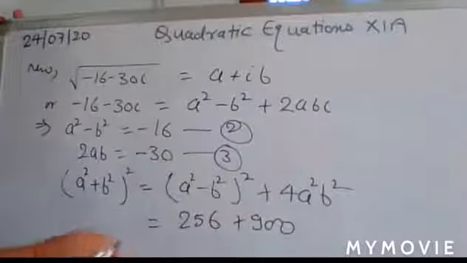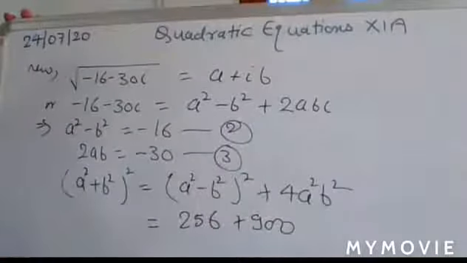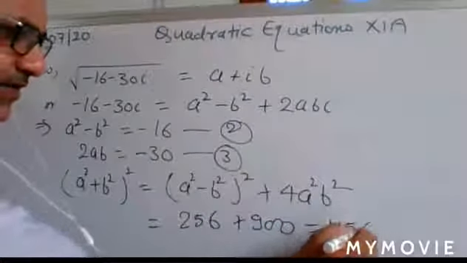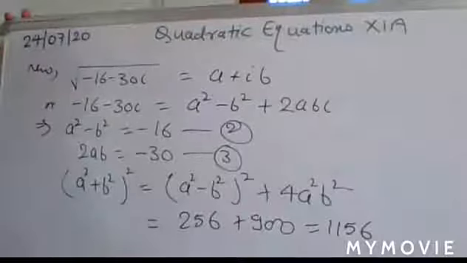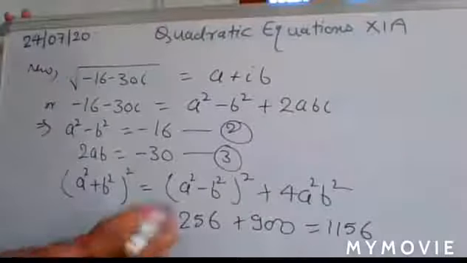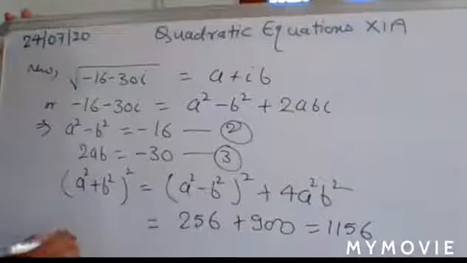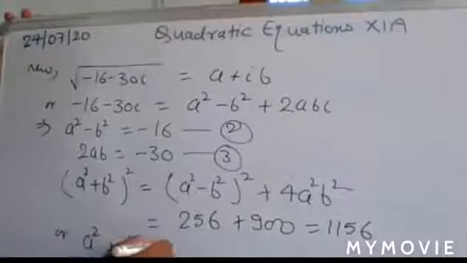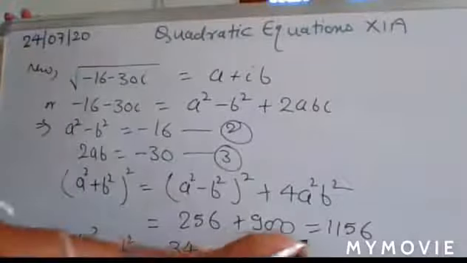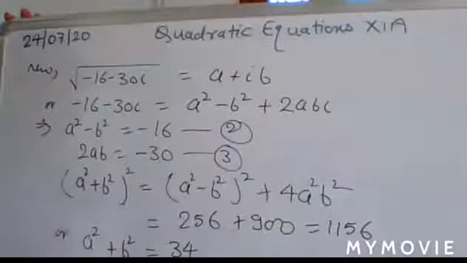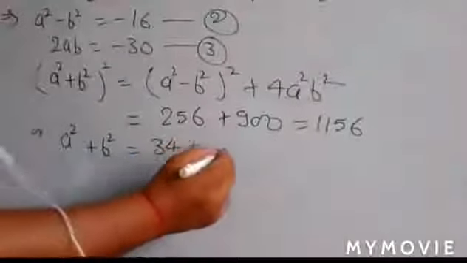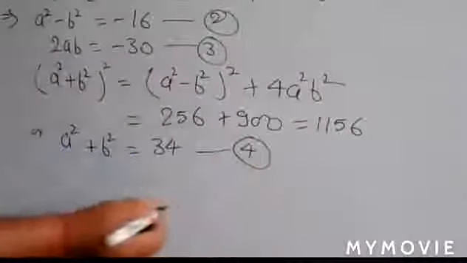So 256 plus 900, adding it, gives 1156. Now taking the square root of that, you have a square plus b square is equal to 34, and that is your fourth equation.